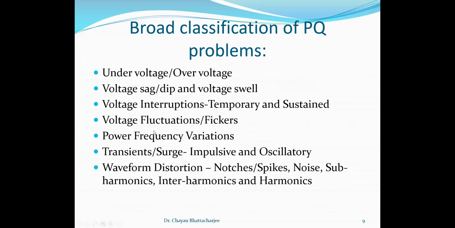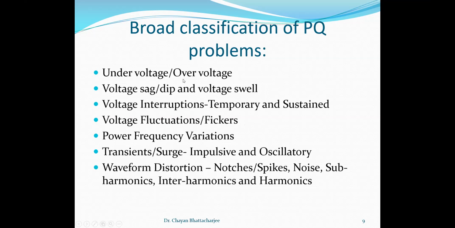I am talking about the RMS voltage. If the RMS voltage lies between 0.9 to 1.1 pu, it is a voltage fluctuation and voltage flicker. And your frequency of variations should be less than 50 cycles per second, which is your supply frequency. It should be less than the fundamental frequency.